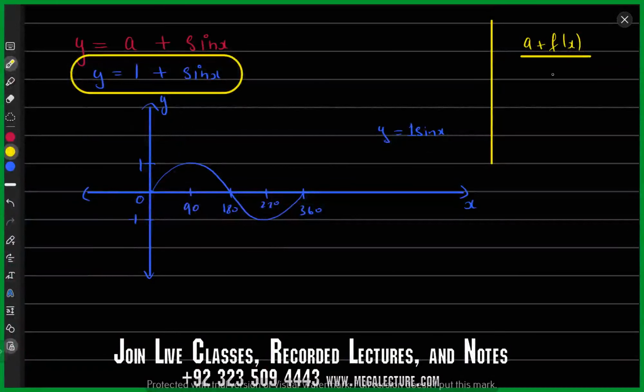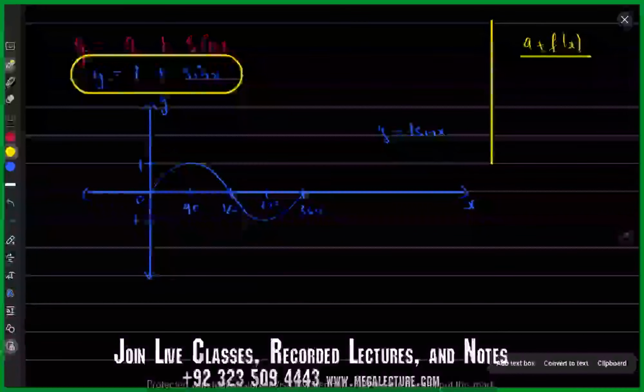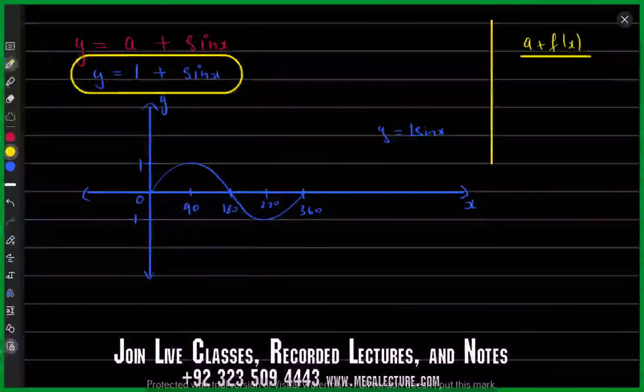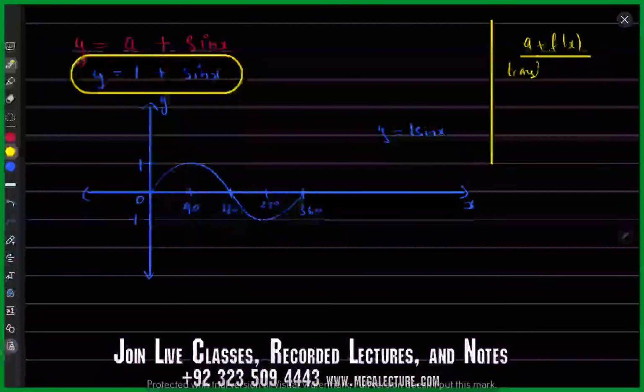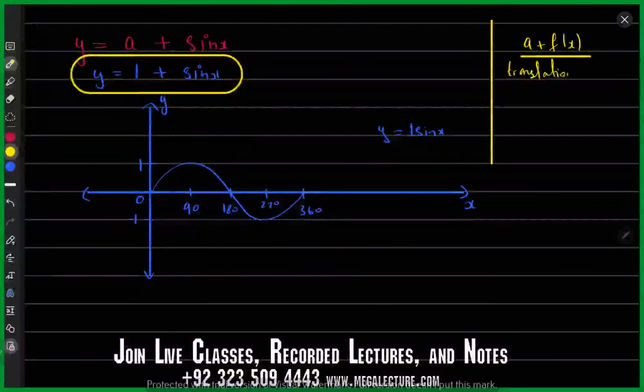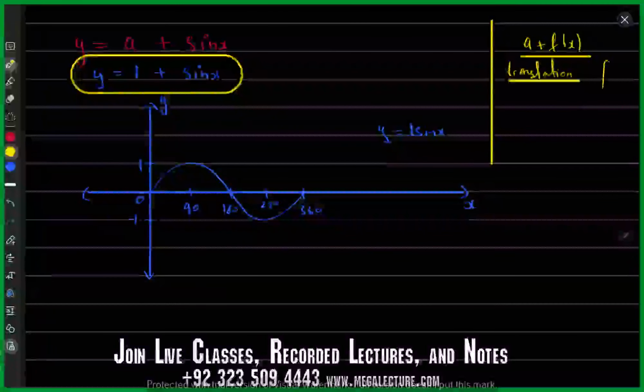Okay, so this basically had a special name, just like the previous transformation was stretch. This was basically translation, right? This is called translation. It's good that we are getting to revise all of that. And for stretch, we used to write down the scale factor. For translation, we write down the translation vector.